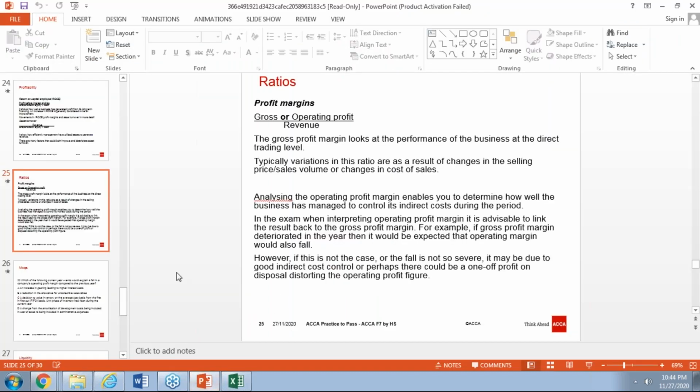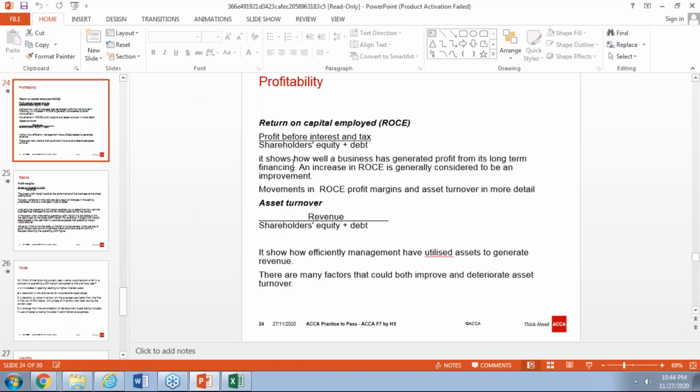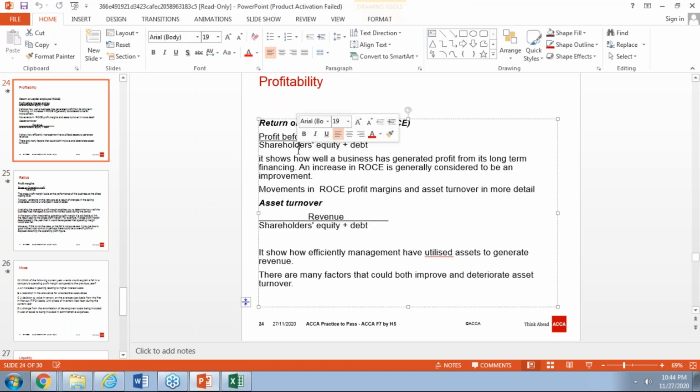The two ratios we have discussed have capital employed in the denominator: one is return on capital employed, with equity in the denominator, and the second is the asset turnover. In both cases the equity will shoot upward, and if it goes upward, the overall ratio will go down.